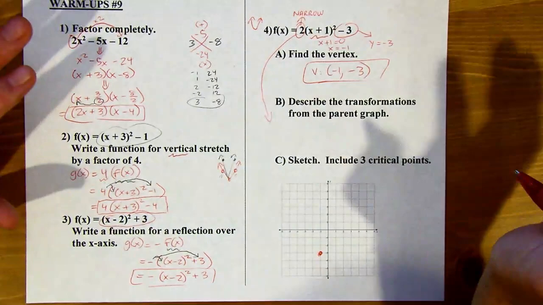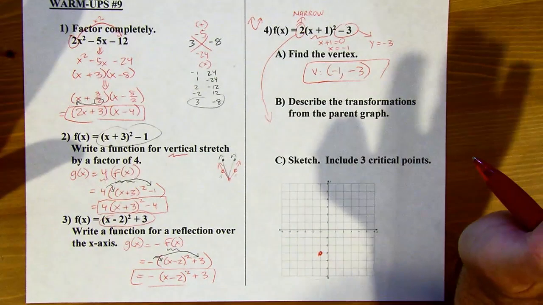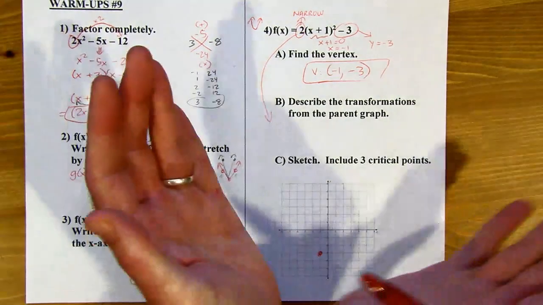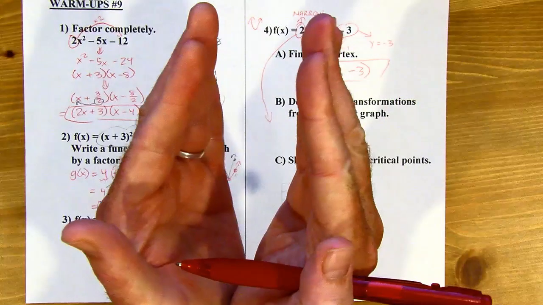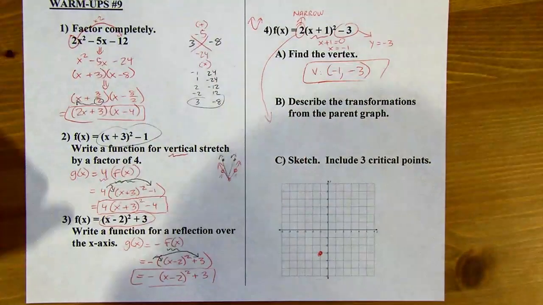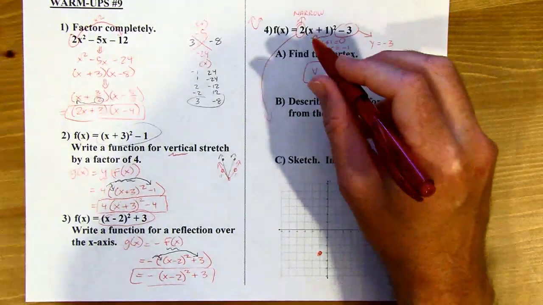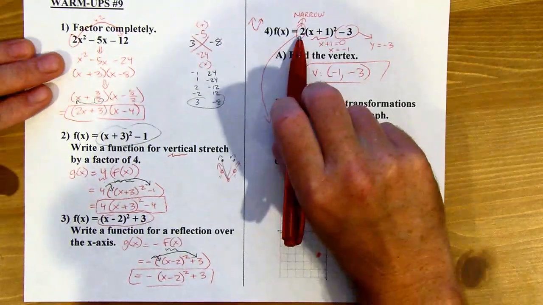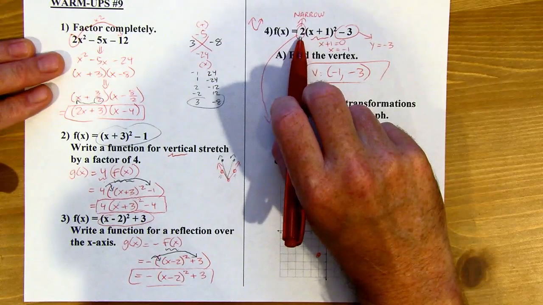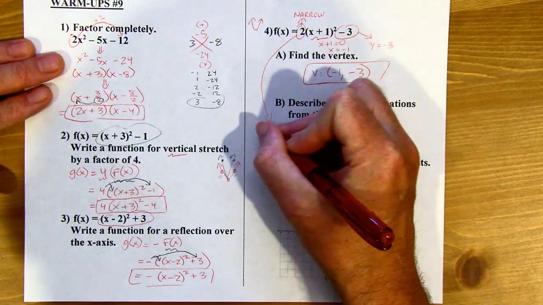Now, that's not a technical term for a transformation, but just visually, that's what's going to happen. It's going to look narrower than the parent graph. Okay? All right. So also, since we've got a number that's on the outside of the parentheses, then it's going to be a vertical change.